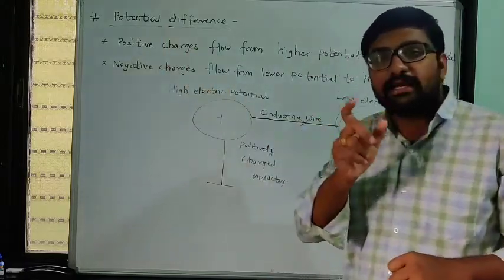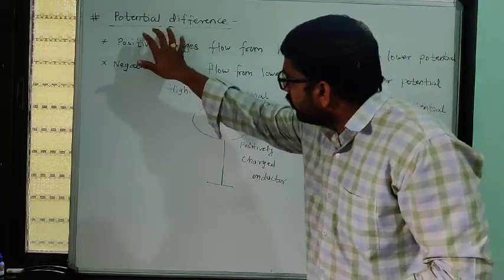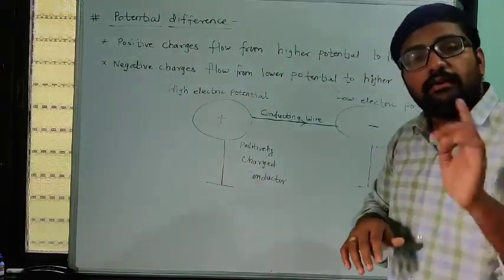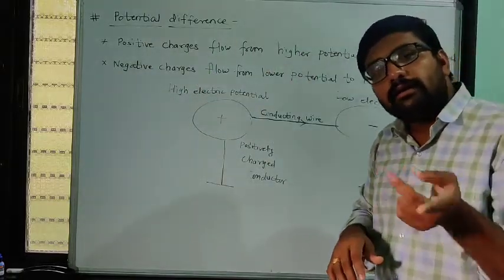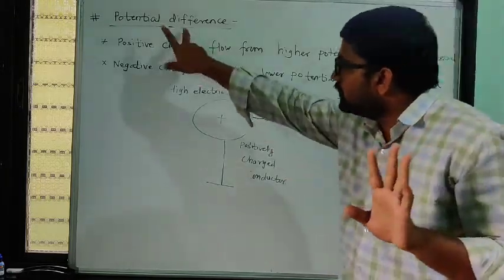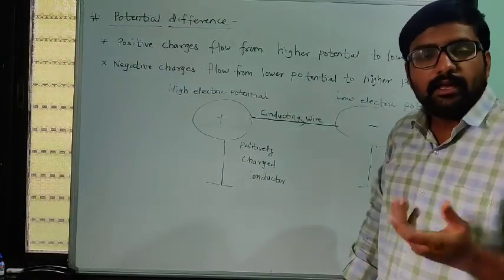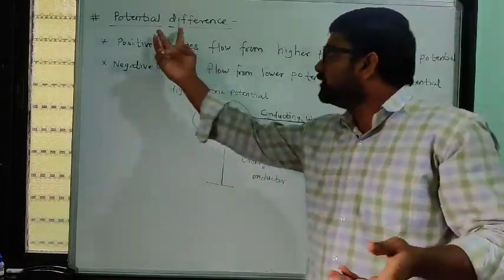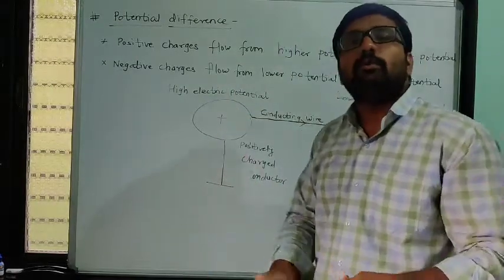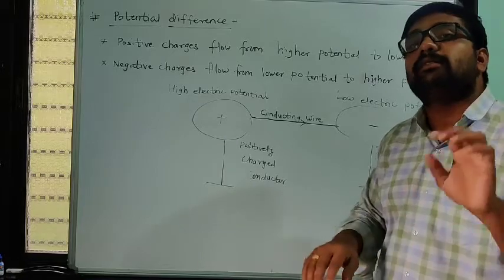Okay, as we connect this cell, we apply some potential difference, and we know electric current will not flow through any circuit unless a potential difference is there. So as you remove a cell, it simply means we remove the potential difference, and if there is no potential difference, then no charge will flow in that circuit.